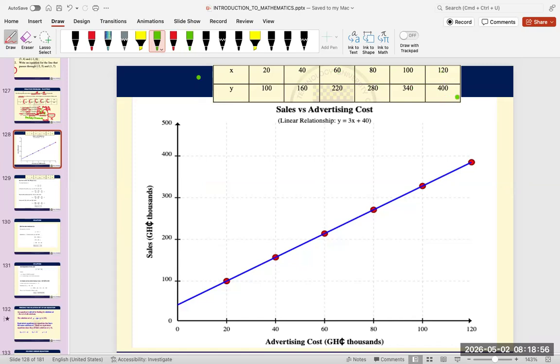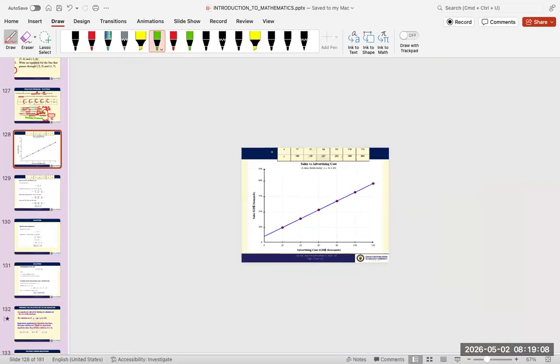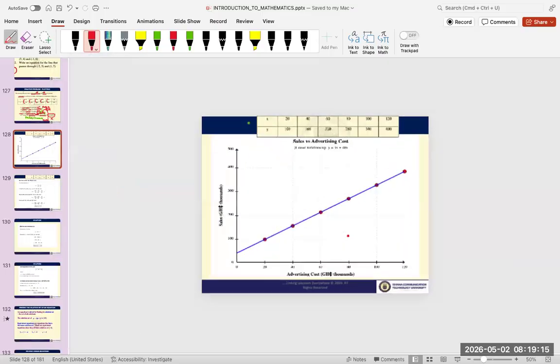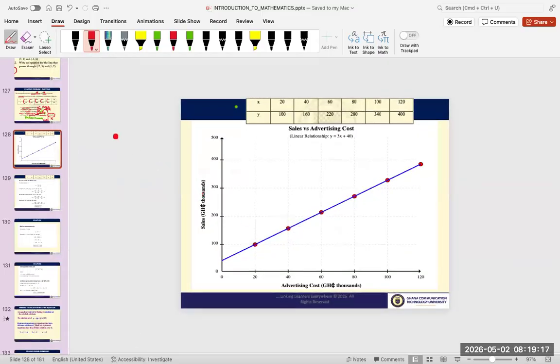Question: how do you draw your axis? How are you able to draw your axis? This is what you do. When you are given your graph sheet to draw the axis, first of all, you draw the y-axis, and then second, you draw the x-axis.